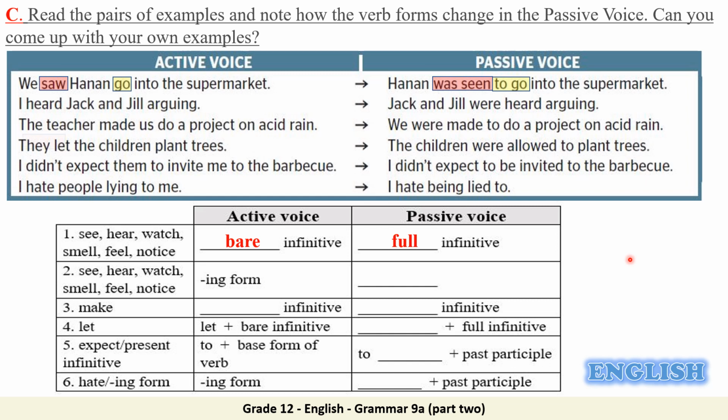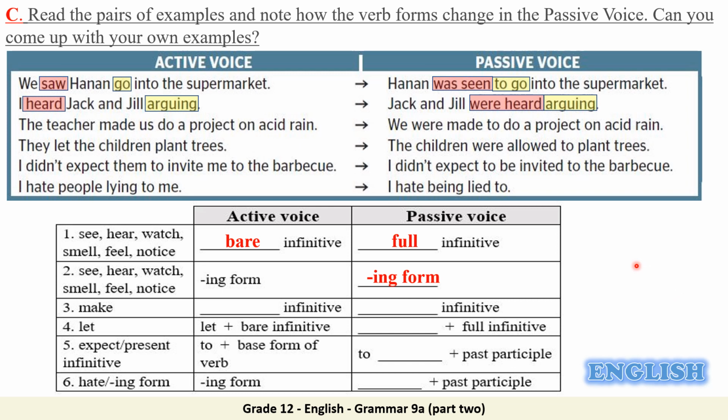What happens if they are followed by a gerund? I heard Jack and Jill arguing. No problem. Do the passive. Jack and Jill were heard arguing. So it remains the same. Of course it is. So the ing form following these verbs doesn't change.